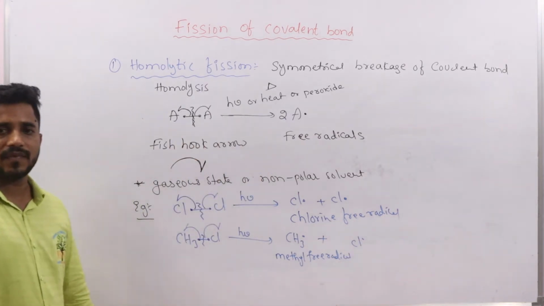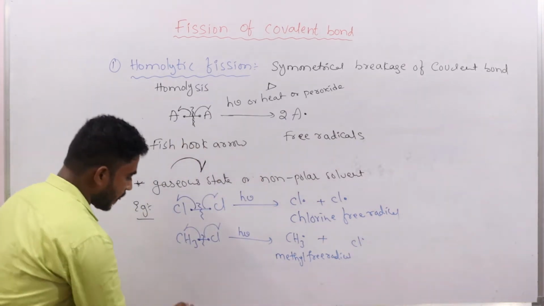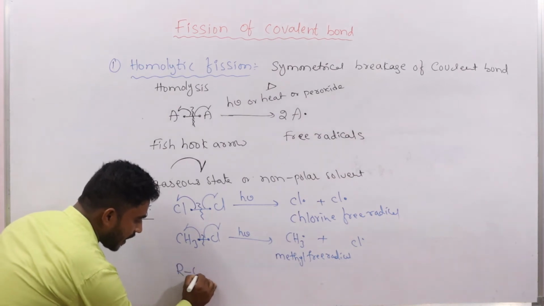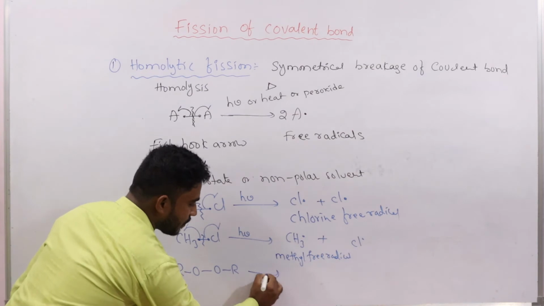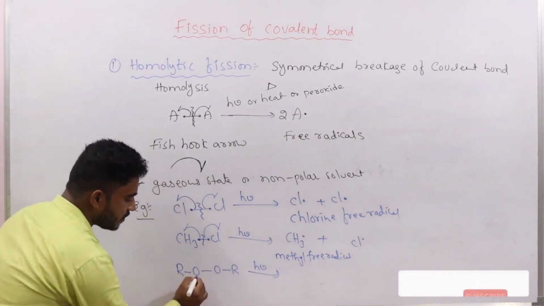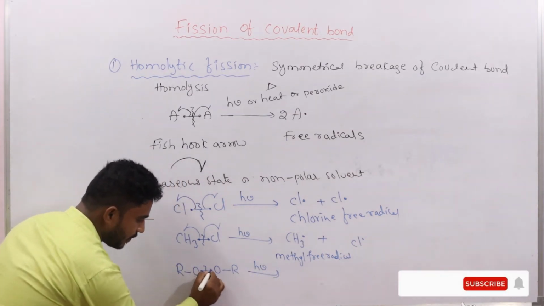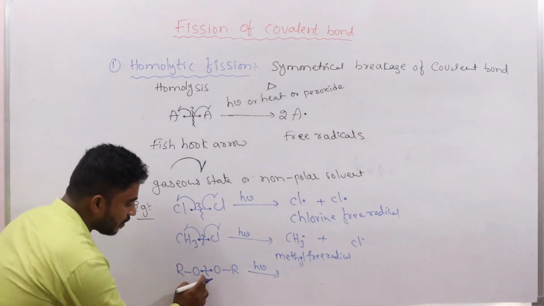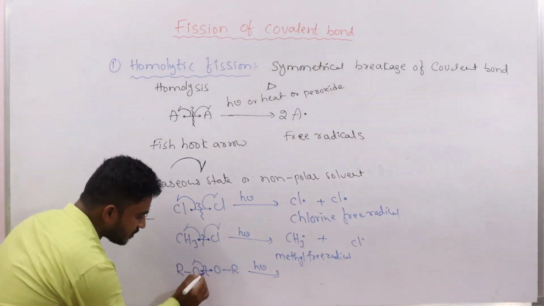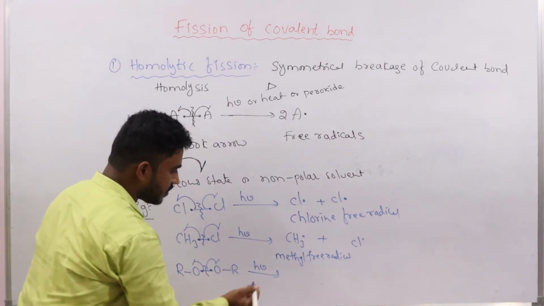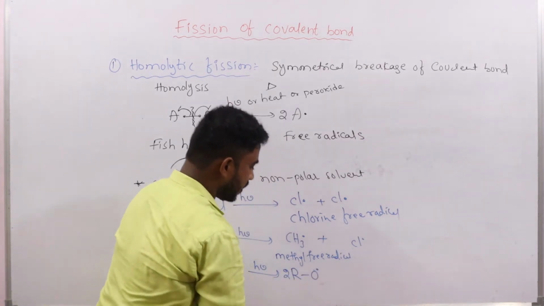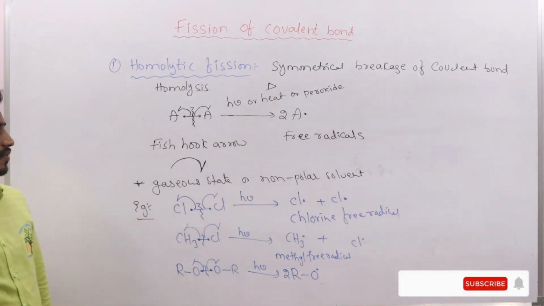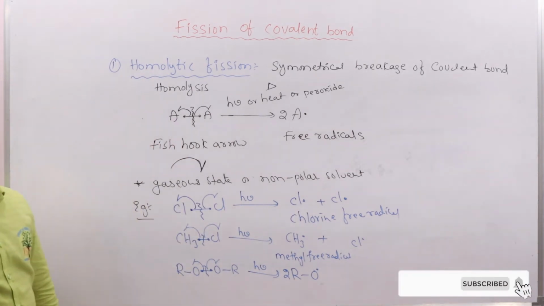Similarly, take a peroxide like ROOR. In homolytic fission, the symmetrical breakage takes place in the covalent bond, one electron moves towards each oxygen, and two RO dot free radicals are formed. So this is about homolytic fission.